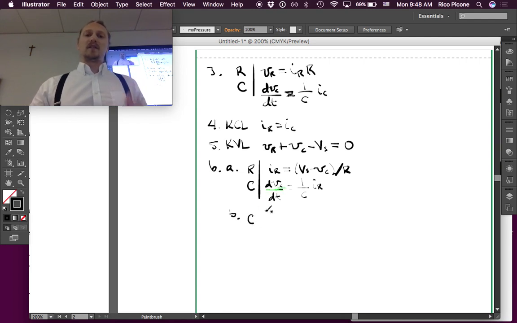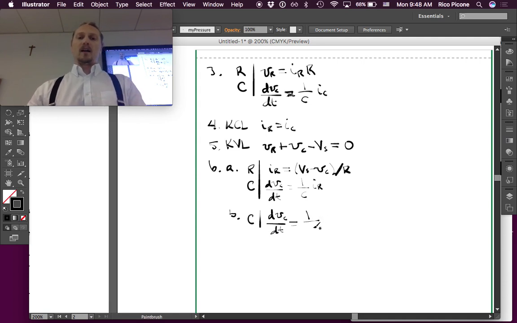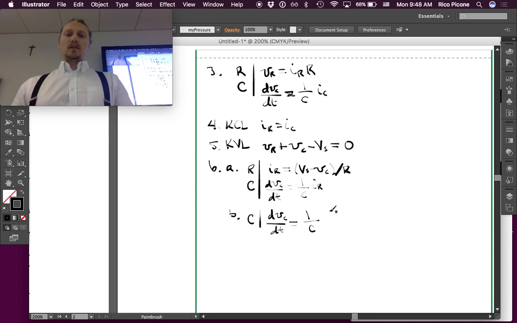You're left with just the C equation now, which is dVC/dt equals 1 over C times IR, which is, the R I'm going to pull out here to the coefficient, and we have VS minus VC.